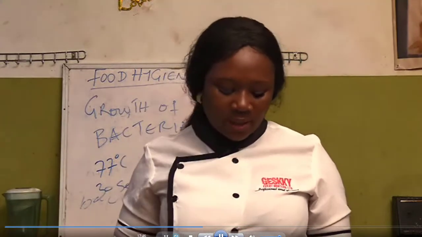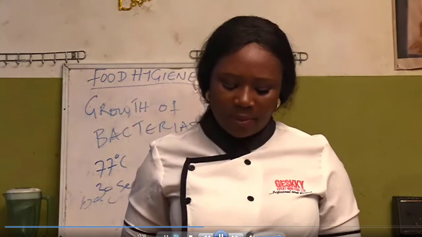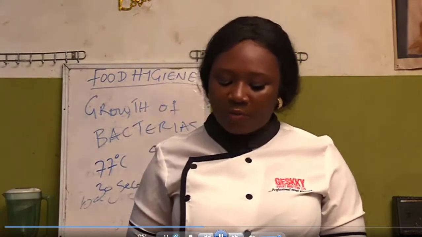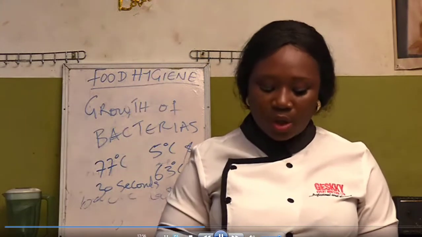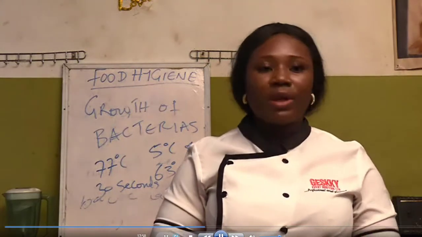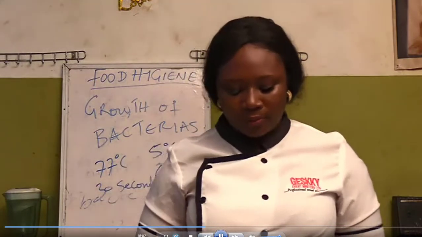We listed those bacteria and how to control them. We also talked about how bacteria grow. We said that bacteria does not just develop like that. Since they eat, they grow.